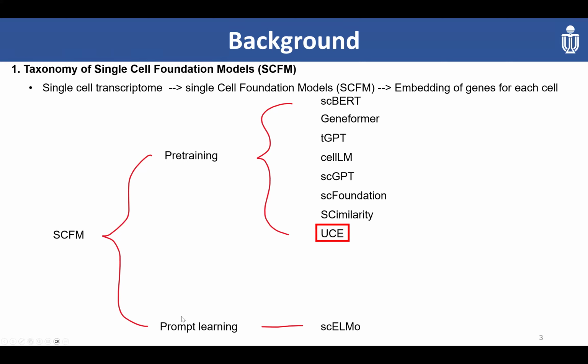No. Prompt learning just uses previous foundation models like GPT-4, those large language models. They do not overlap the data set. They don't need to pre-train the model.